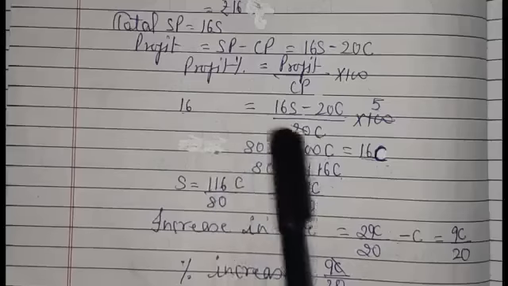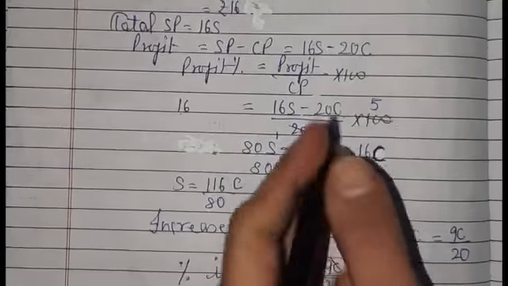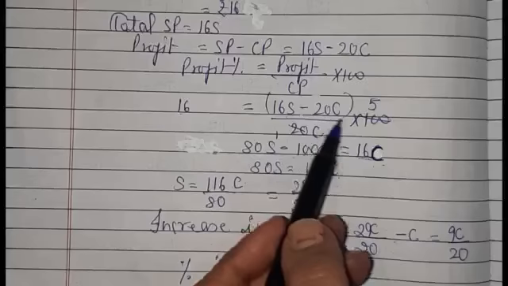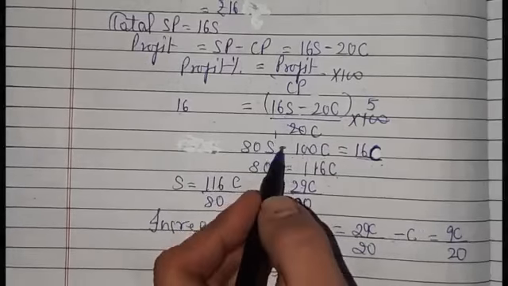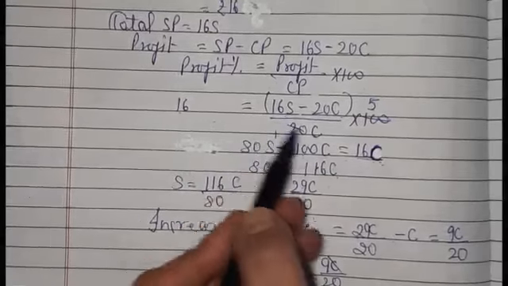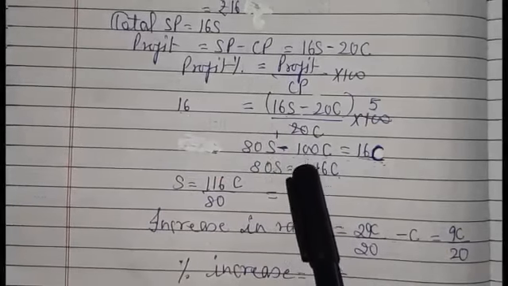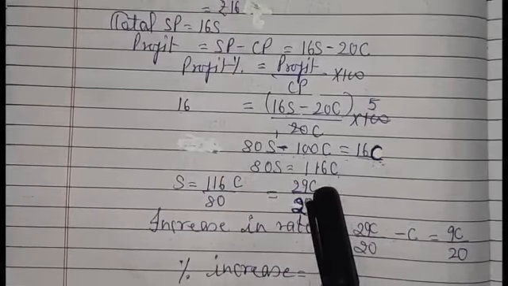So 16. When we solve, 25 is 100. 5 should be multiplied with 16S minus 20C. When we multiply, 80S minus 100C is equal to 16C will come. This C will be multiplied with 16. So transpose 100C from left hand side to right hand side. We have to add.